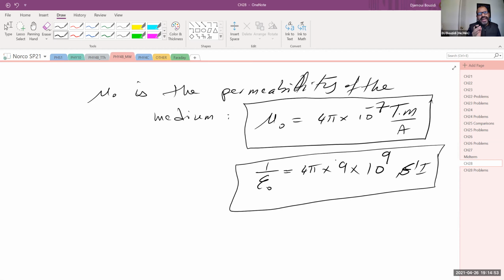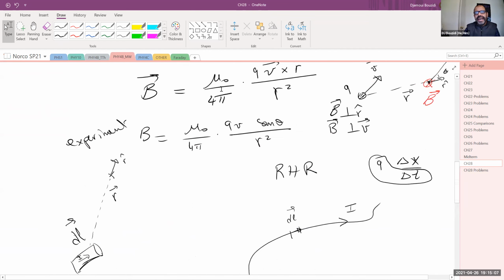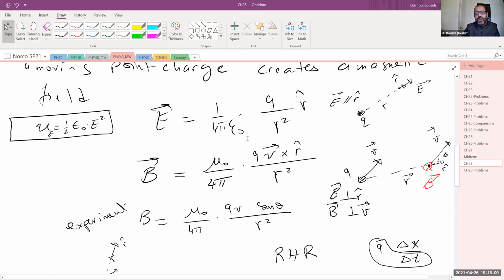Everywhere we were dealing with the electric field, we had 1 over epsilon naught, and 1 over epsilon naught is a huge number. Epsilon naught is a tiny number, but you divide by a tiny number, you end up with a huge number, okay? So the electric field, in terms of order of magnitude, already has 1 over epsilon naught in it. So whatever you have in here is enhanced by that 1 over epsilon naught, which is 9 times 10 to the power 9 with this 4 pi.